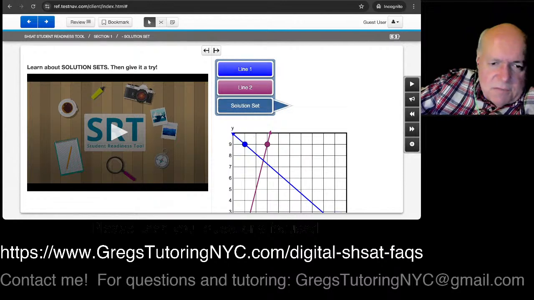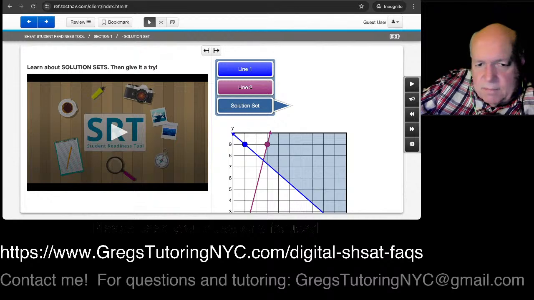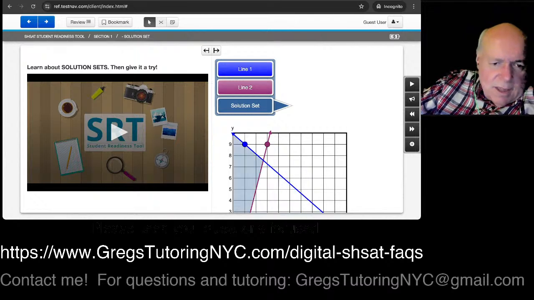There are basically four choices, and maybe the shading of two. If it was greater than both of them, it would be this. If it's less than both of them, it's going to be that. Depending on how the lines are, we can commit it.